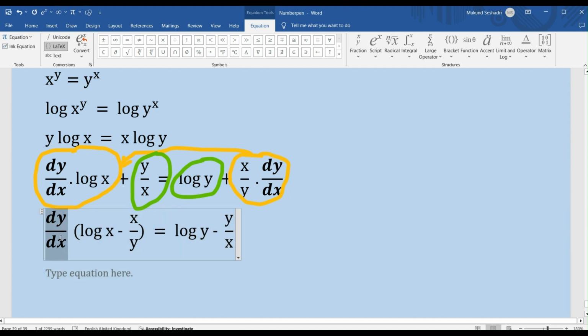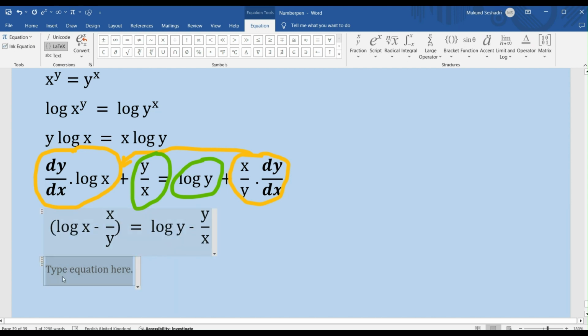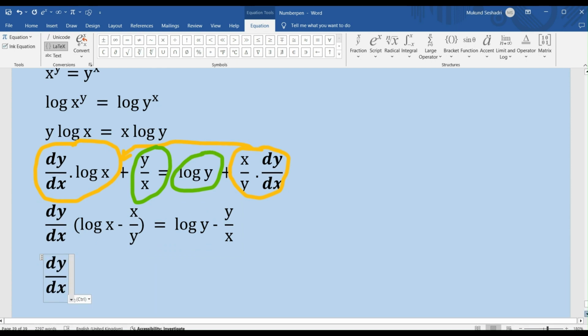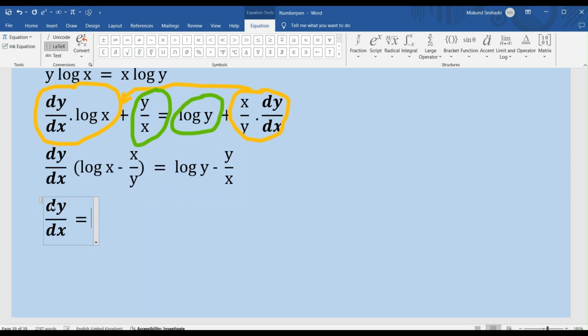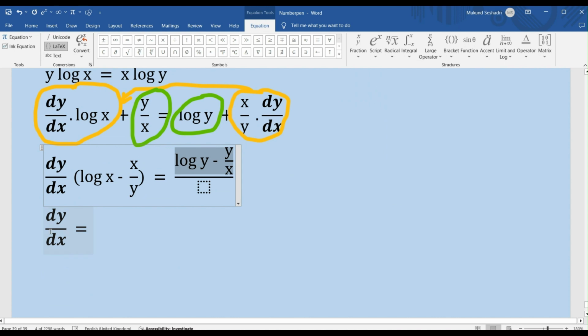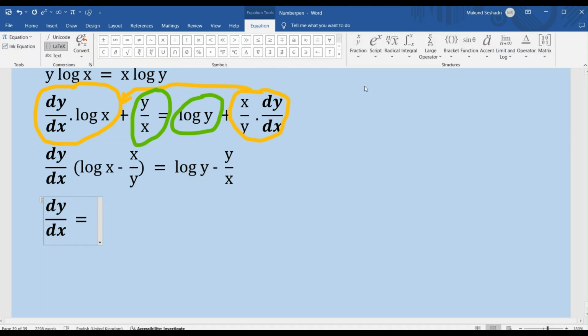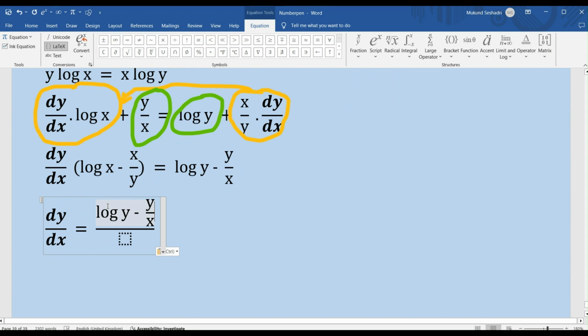My dy by dx is nothing but, again, I'm going to initially express it in the format x by y. So what do I get? My numerator is log of y minus y by x divided by log of x minus x by y.